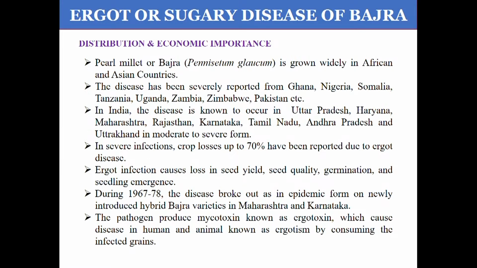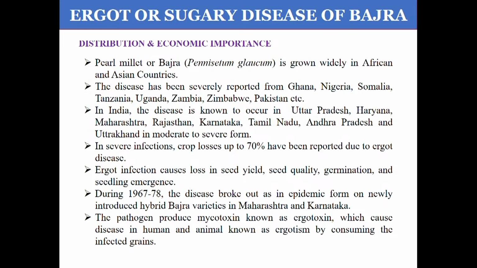In severe infection, crop losses up to 70% have been reported due to the ergot disease. Dear learners, ergot infection causes loss in the seed as well as the quality of the seed, their germination percentage and the seedling emergence also.